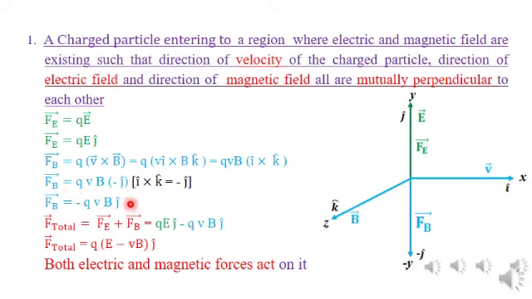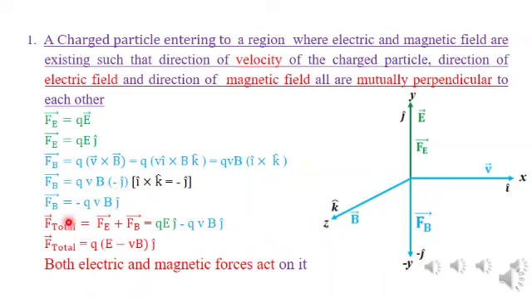So vector F_B equals minus QVB j cap. Hence, we can conclude that the magnitude of the magnetic force is QVB and it acts along the minus y-axis since its unit vector is minus j cap.